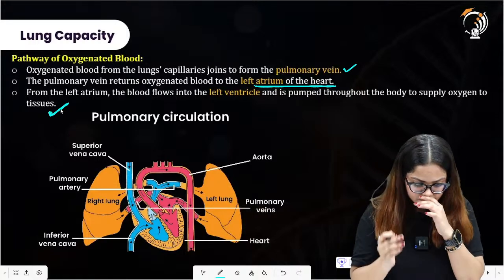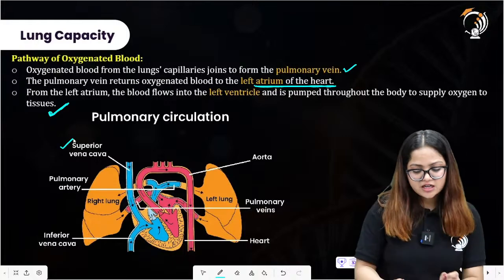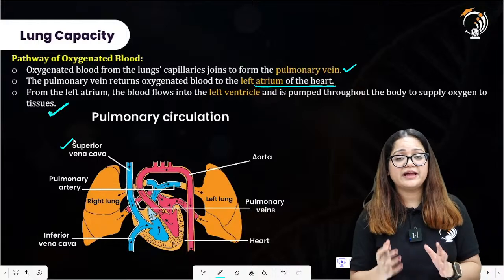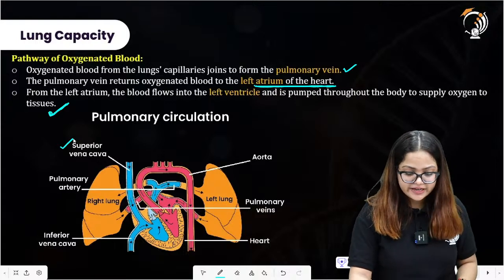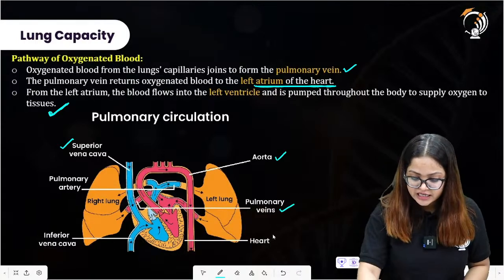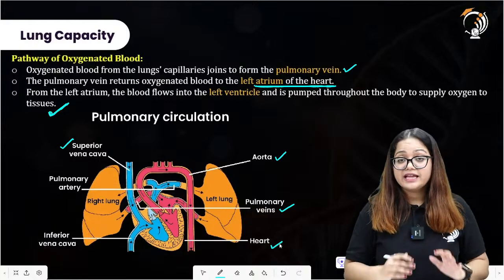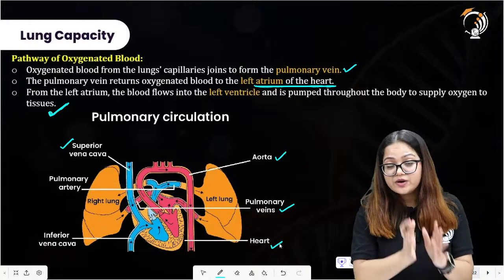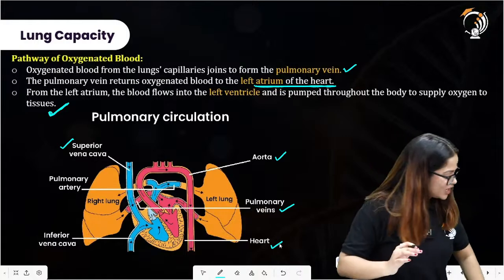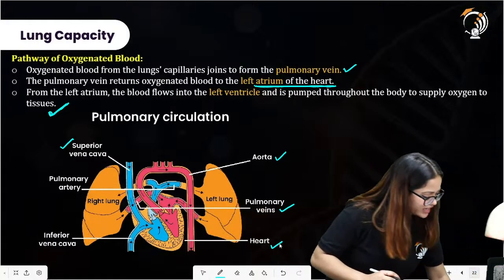Alright. So this is the superior vena cava. This picture can be clearer when you understand the circulatory system and the heart structure as well. This is the aorta here, these are the pulmonary veins, and the heart is here, and that's how you can understand why the heart is present between the two lungs. Can you easily relate now? Yes, welcome Mr. Joy again.